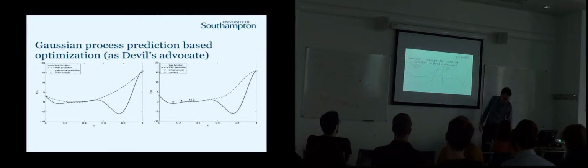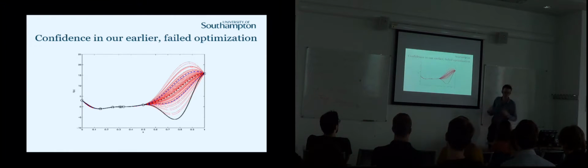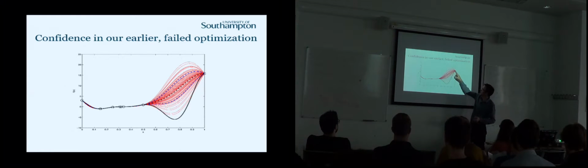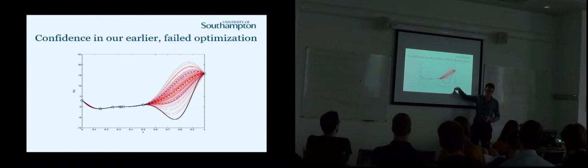Now, what we need to remember is if we're fitting a Gaussian process model is that it's just the mean of many different possibilities of the forms that function could take. So this is our previous failed optimization, and we base that optimization on this dashed line here, which is the mean of all these possibilities.